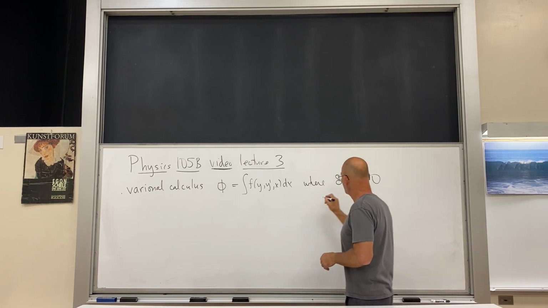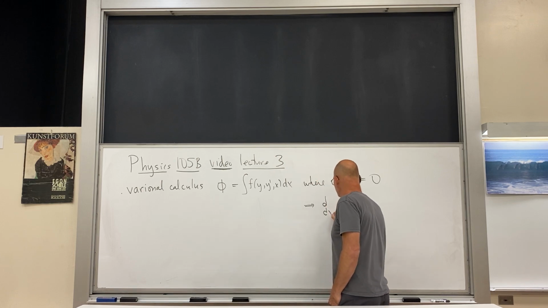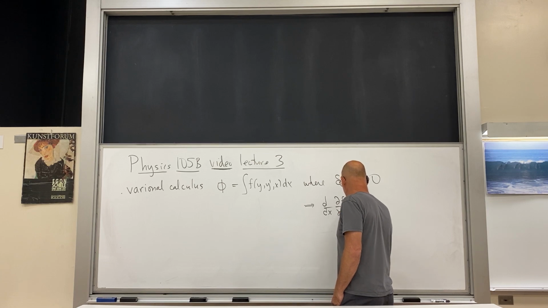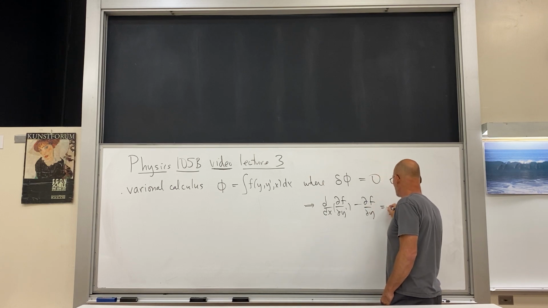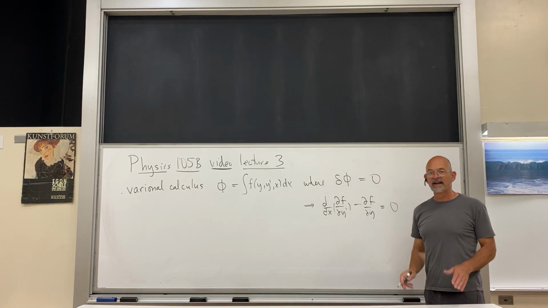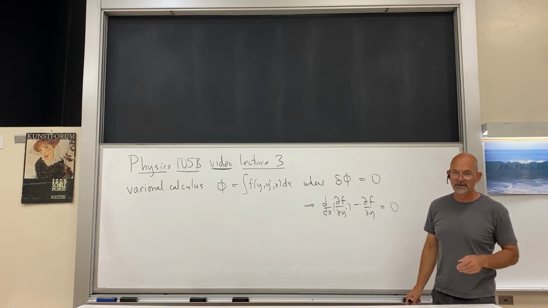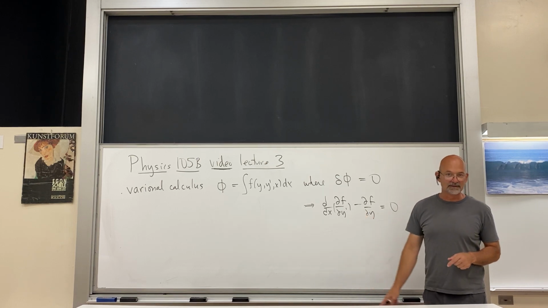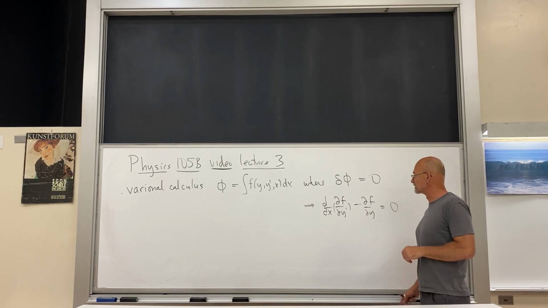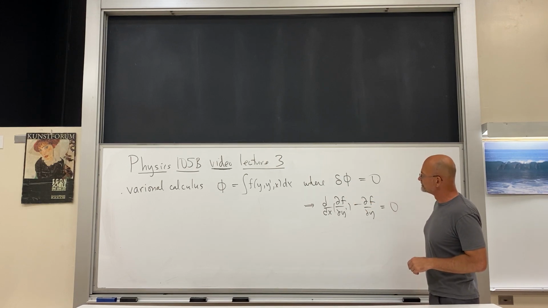So this implies that d/dx of df/dy prime minus df/dy equals 0, the Euler-Lagrange equation. And I'll tell you now, this thing is going to become as familiar to you as Newton's law. Okay, it's that fundamental. In fact, when we get to physics, this will be Newton's law, among other things. Okay, so this is something we're going to have to learn.